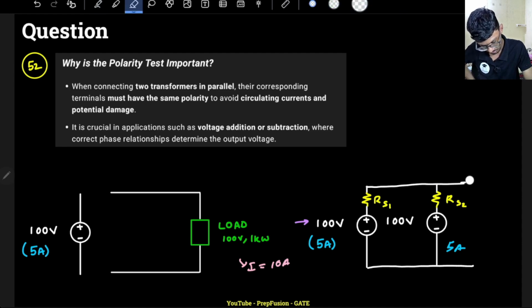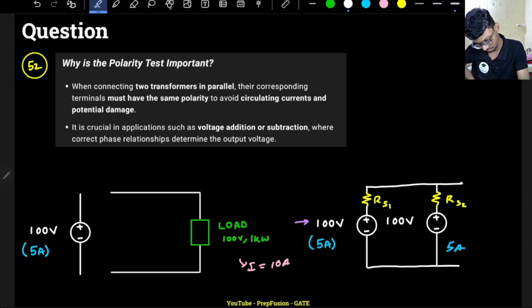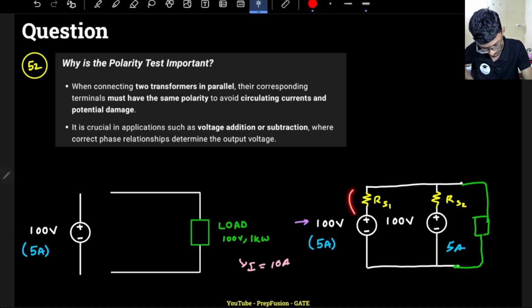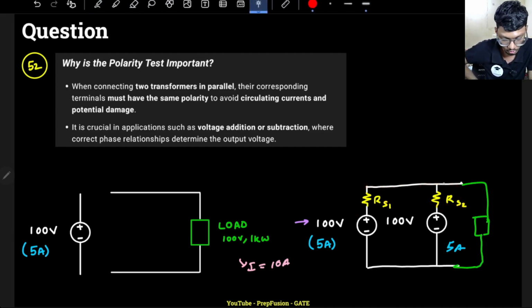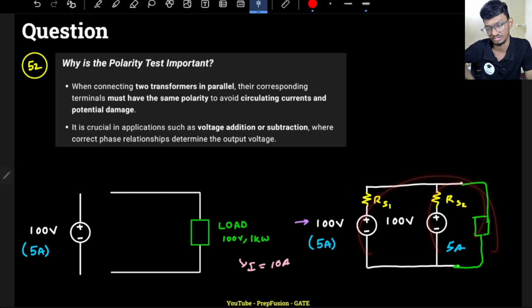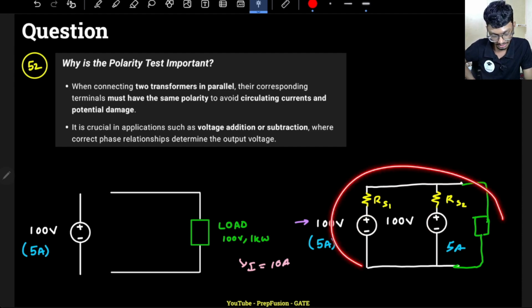Basically the load is somewhere here. I do agree that yes, there will be some drop here, some drop here, and some drop here, due to which the voltage here won't be exactly 100, but very close to 100. This will supply 5 amperes of current, and this will supply 5 amperes of current. So that's how parallel operation is very useful.